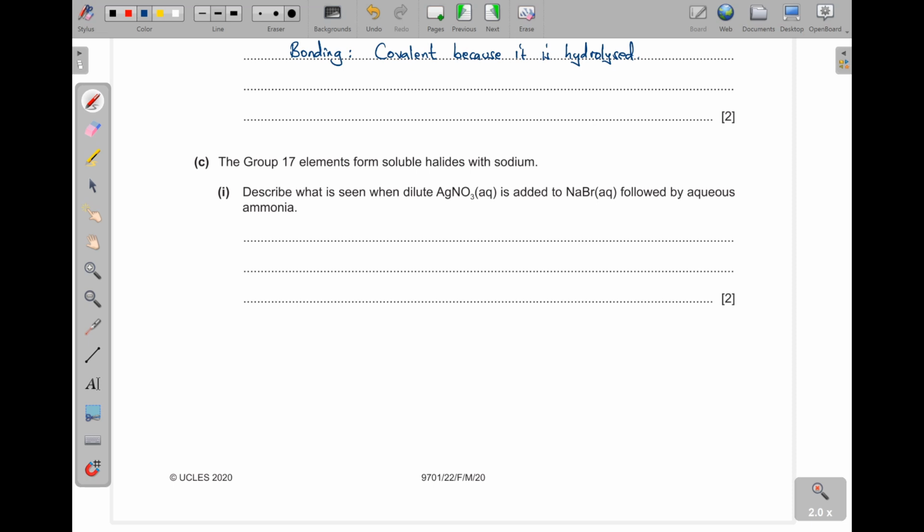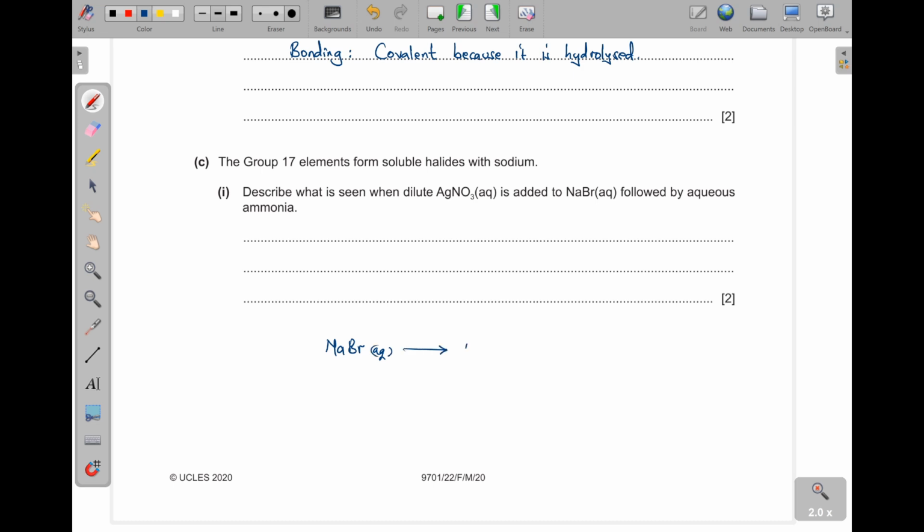Then part C, they are saying that the group 17 elements form soluble halides with sodium. Roman 1, describe what is seen when dilute silver nitrate is added to sodium bromide followed by aqueous ammonia. Because it is a soluble halide, you have sodium bromide aqueous.